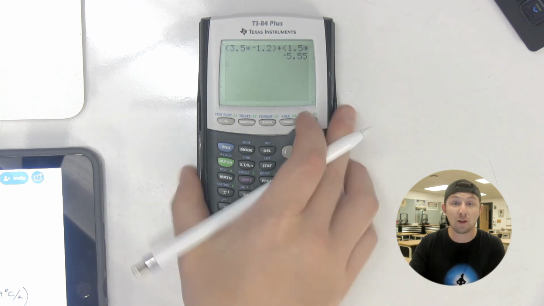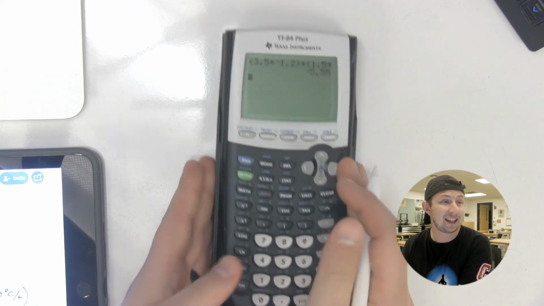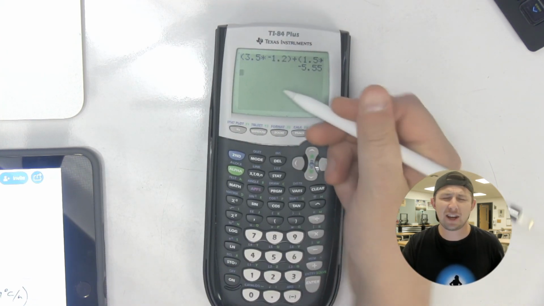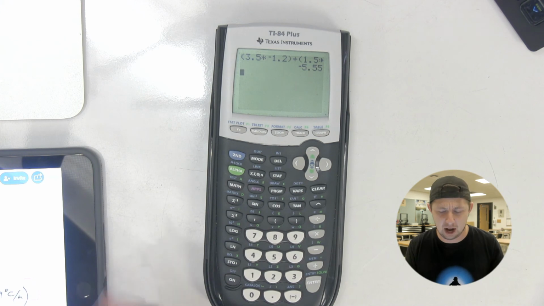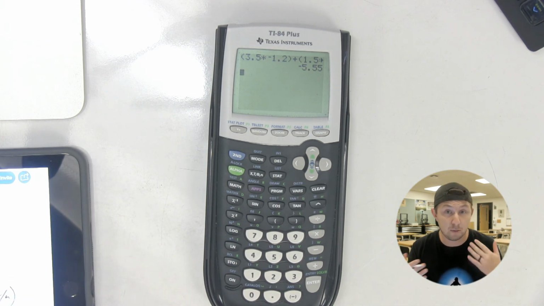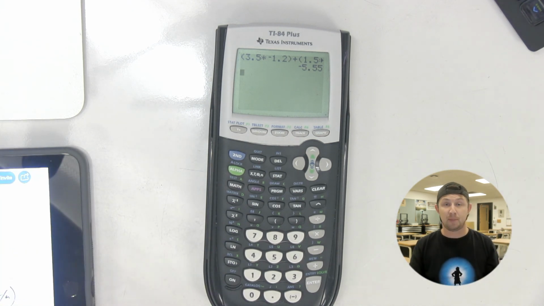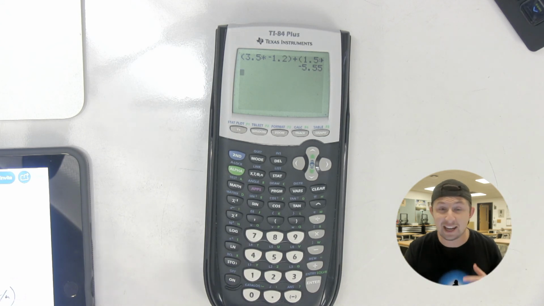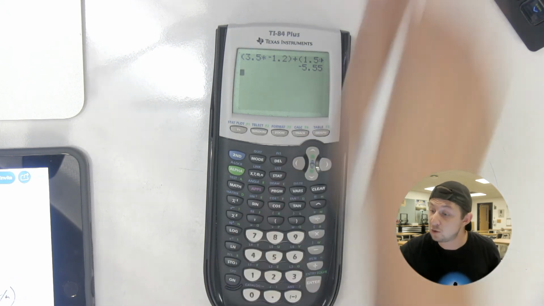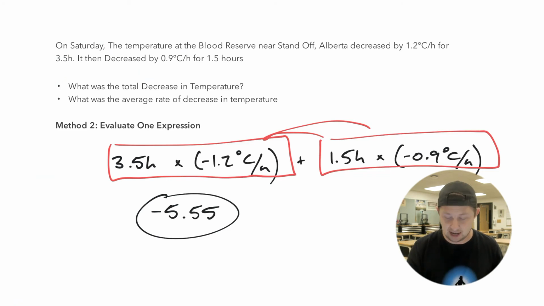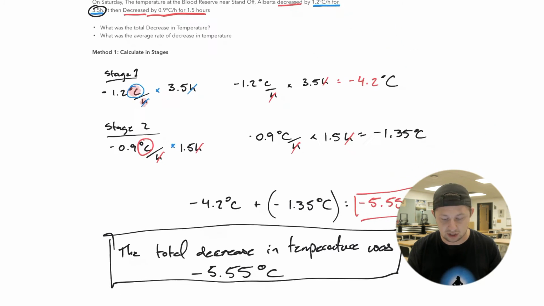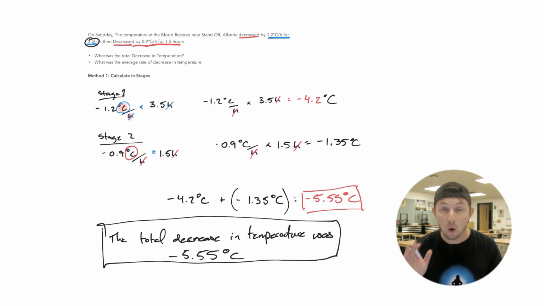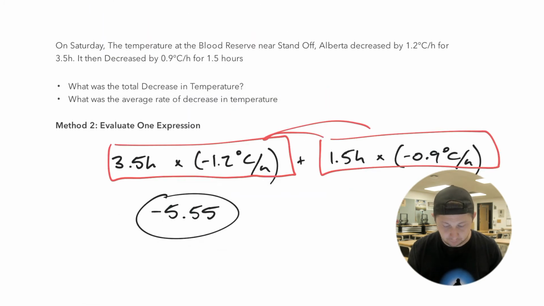So no matter how you lay it out, for me, sometimes I like to lay it out on my calculator so that it's really clear for me what I'm asking the calculator to do. But your calculator is quite smart, so it's going to be able to do that. So that's the first part of the problem. We can do it in steps, like we did in this one here, where we laid it out in phase 1 and phase 2, or stage 1 and stage 2, or we can do it in one expression to represent the whole thing.